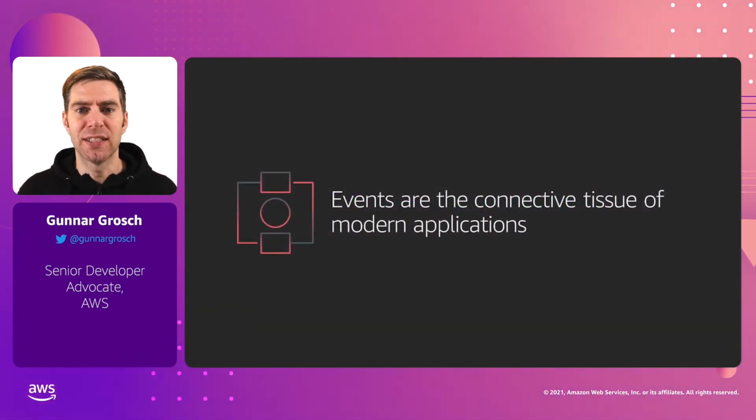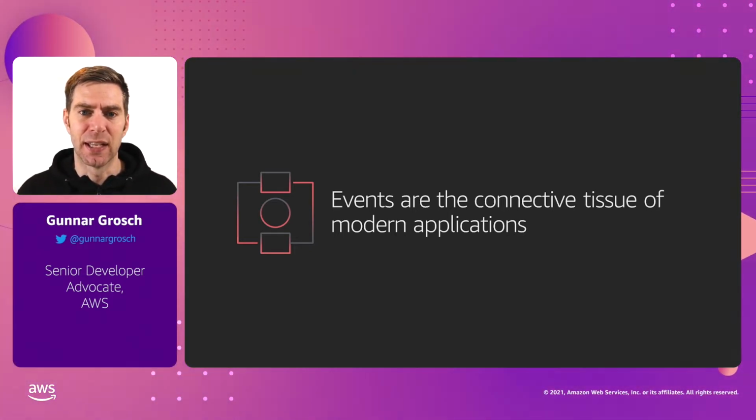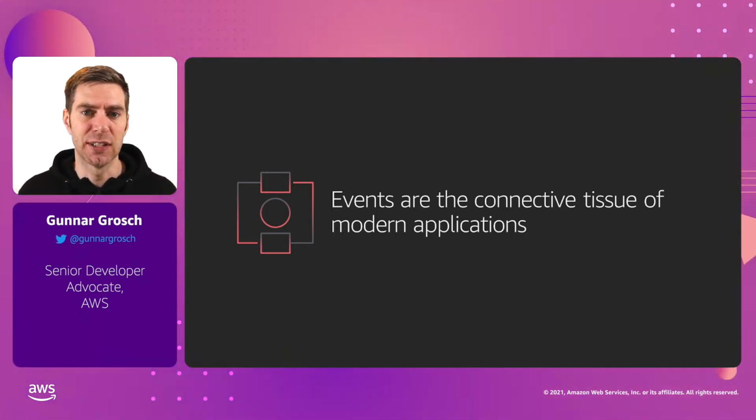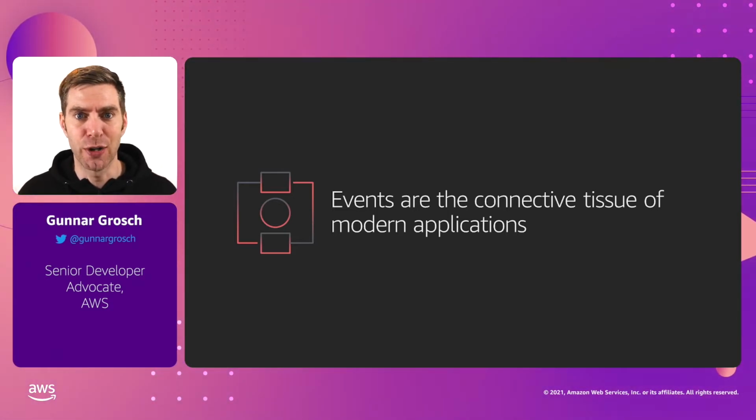So events today is a common integration pattern that's using the changes in state or update or things that happen within your application. For instance, an item being put in a cart or something being ordered.